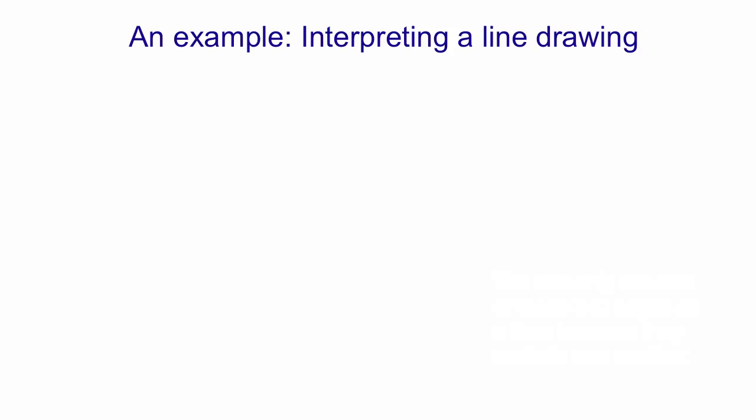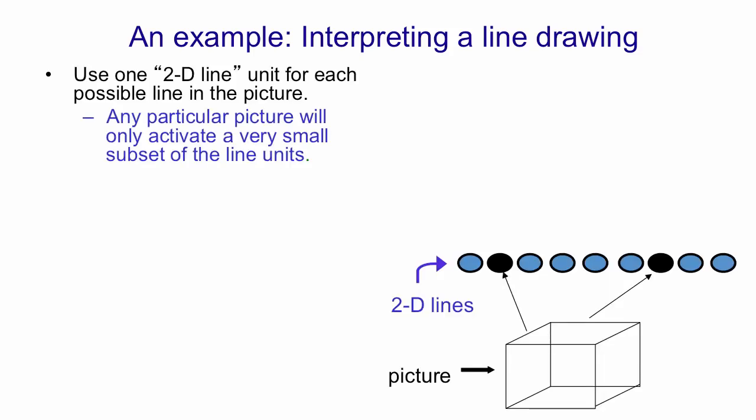So here's the example. We imagine we see a line drawing and we want to interpret it as a three-dimensional thing. So the data we have, let's suppose, is a bunch of 2D lines, like the lines shown in the picture. And for each possible line, we will have set aside a neuron.